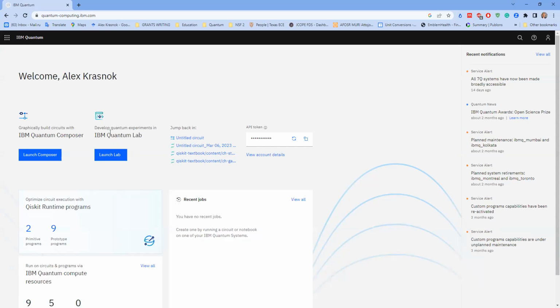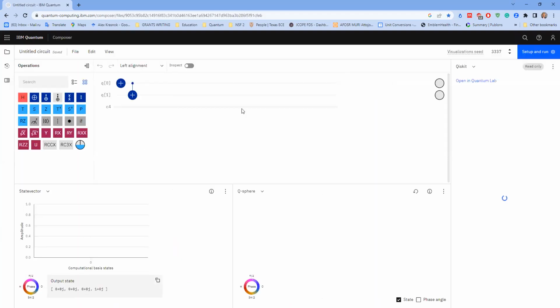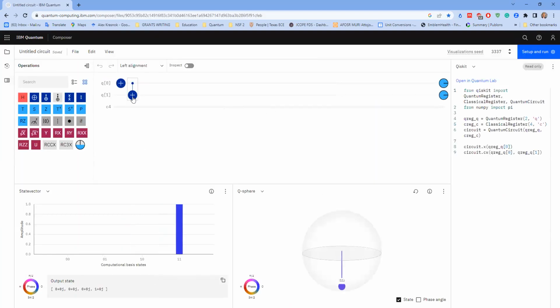The Quantum Lab is just the Python environment where you can write Python code and play around with it. And for us, the more important one is this Quantum Composer. So you go to this one, and as you can see, it provides you the environment with the number of most important gates, along with this measurement operation. So you see this first qubit, second qubit.